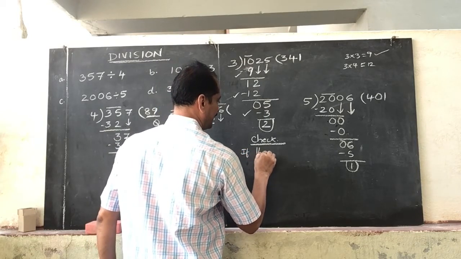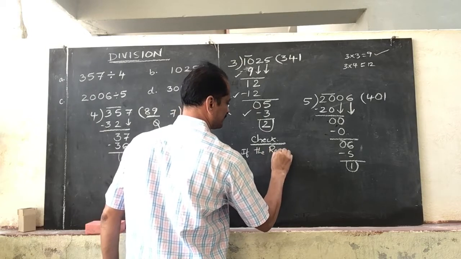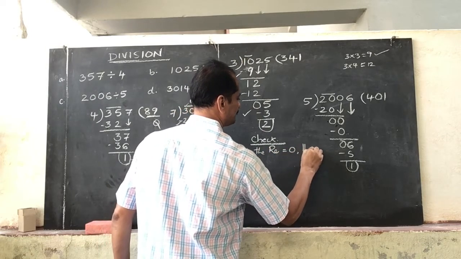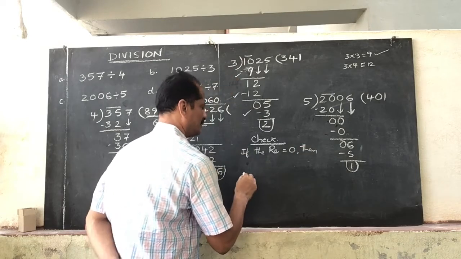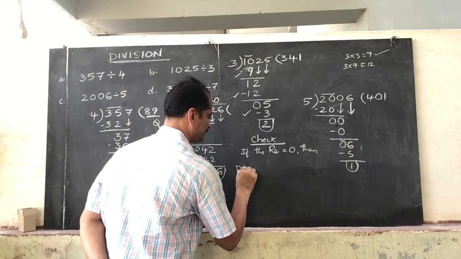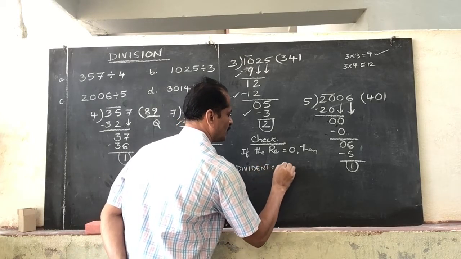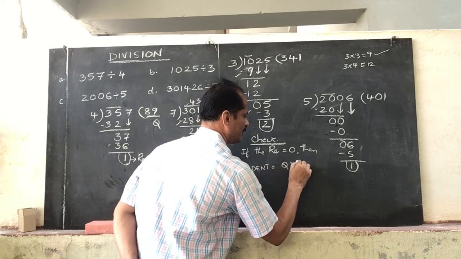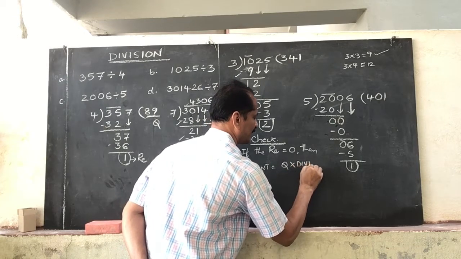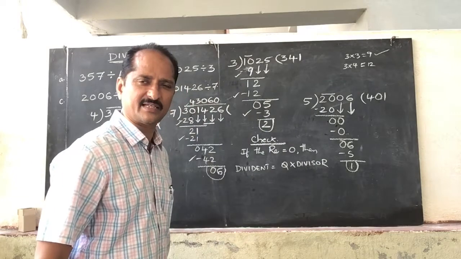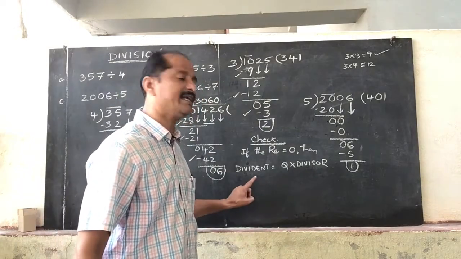If the remainder is equal to 0, then dividend is equal to quotient into divisor. Simple. Quotient into divisor. If you are multiplying, you will get a dividend.